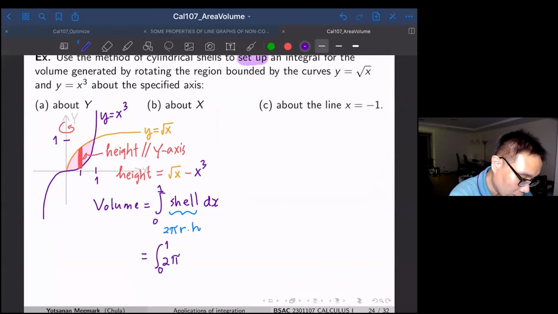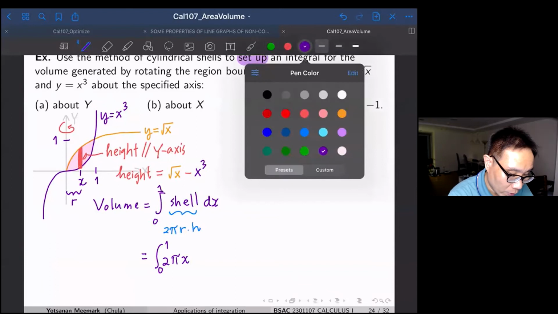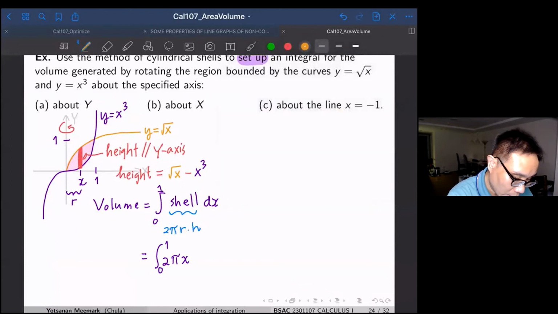In this case x is your r, right? So it's gonna be your x, and you're gonna multiply with the height, which is square root x minus x cubed. Okay, and then you're gonna dx.